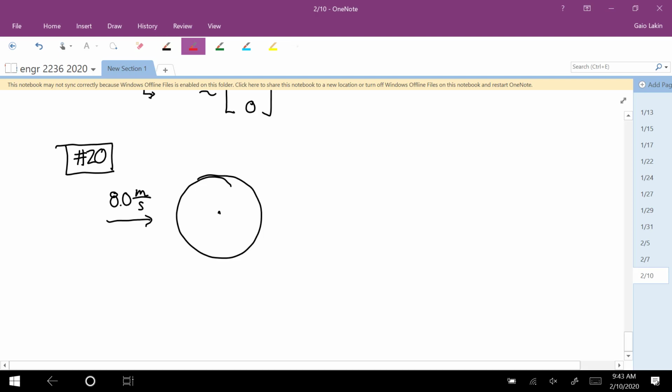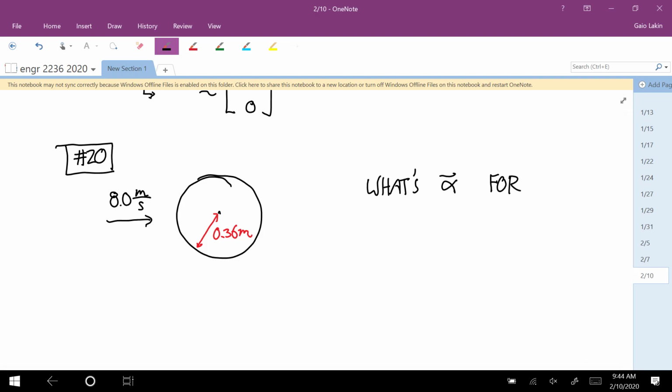It has a diameter of 0.72, so what we care about is the radius, so that's 0.36 meters. And then we want it to stop over a distance of 10 meters. So what's the angular acceleration for the wheel to stop in 10 meters?